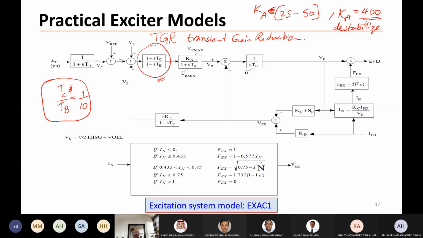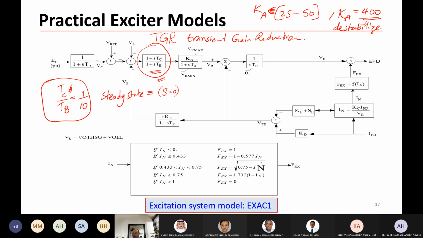So if we have a transient, but first, at steady state, what is the impact of this block? No impact. Why? Because the voltage is stable, and usually when we say steady state, it means S equals 0.